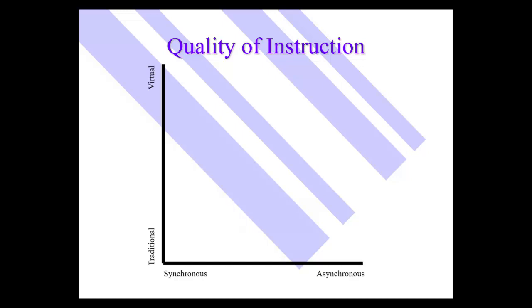Now I've got synchronous on the x-axis over to the left and traditional on the y-axis down at the bottom. You know what? There is some traditional synchronous class instruction that is poor quality, and of course we call that bad professor. And there is some asynchronous virtual instruction that is high quality, and we call that a great MOOC.